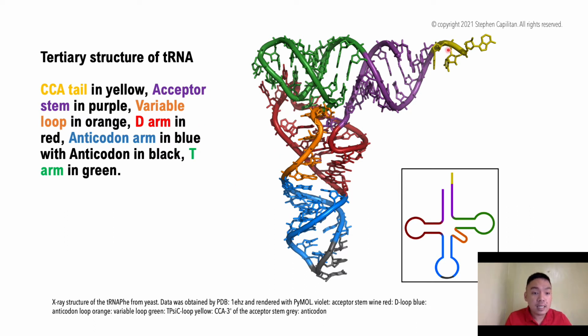This is the CCA tail in yellow, an acceptor stem in purple, a variable loop in orange, a D-arm in blue, the anticodon in black, this is your anticodon, and the T-arm in green. So it has 3 arms: the D-arm, your anticodon arm, and your T-arm.